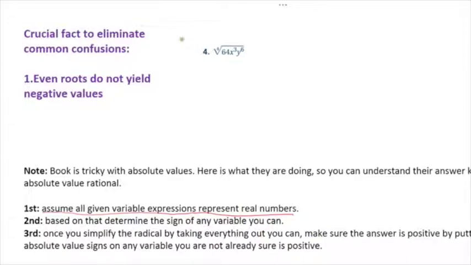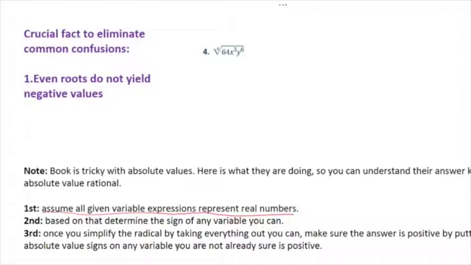I can't really tell about y. Y could still be a negative number because the 6th power would be taken care of, but x is not a negative number, because the 3rd power would still be negative, and that would be impossible to do in this problem. And so they assume all given variable expressions represent real numbers.